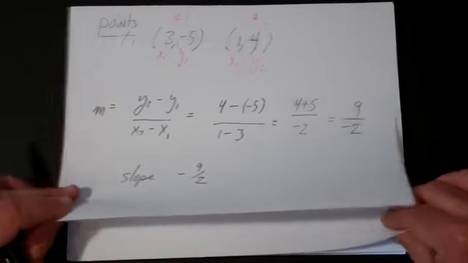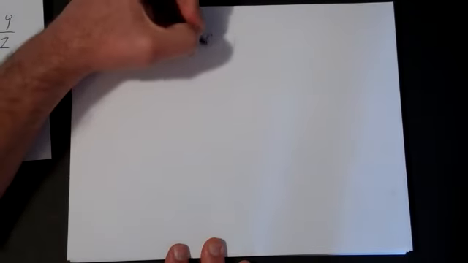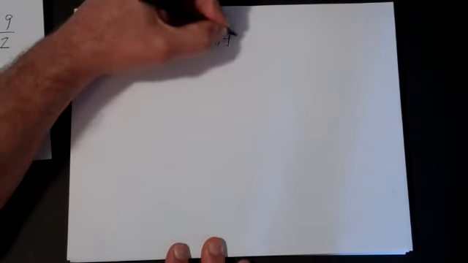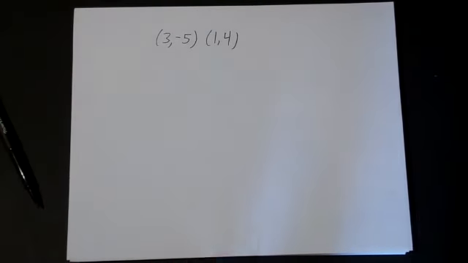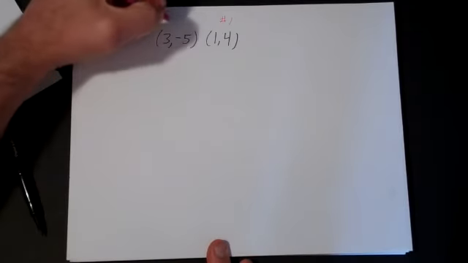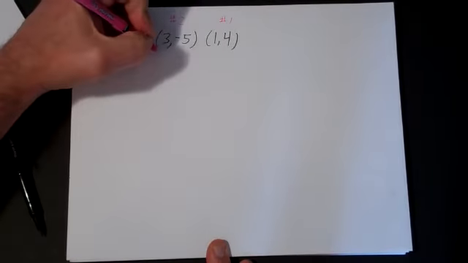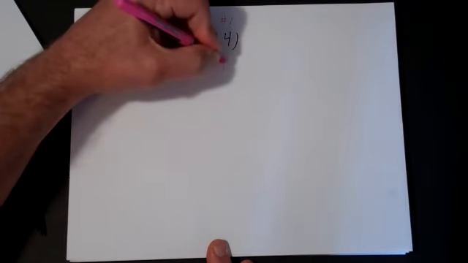Let's do exactly the same problem, but let's mix up what we call point number 1 and point number 2, and you'll get exactly the same answer. 3, minus 5, 1, 4. But this time, let's call this one point number 1, and this one point number 2. So this would be x2, y2, x1, y1.